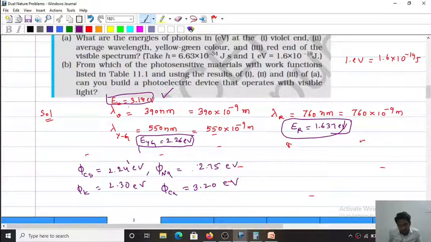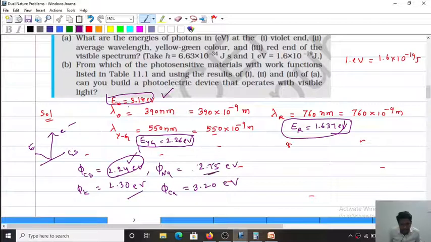It is more than the work function of cesium, so it can cause photoelectric emission with cesium. When violet light is incident on cesium, photoelectric emission takes place. When violet light is incident on potassium, also photoelectric emission takes place. Why? Because the energy of violet light is more than the work function of potassium.